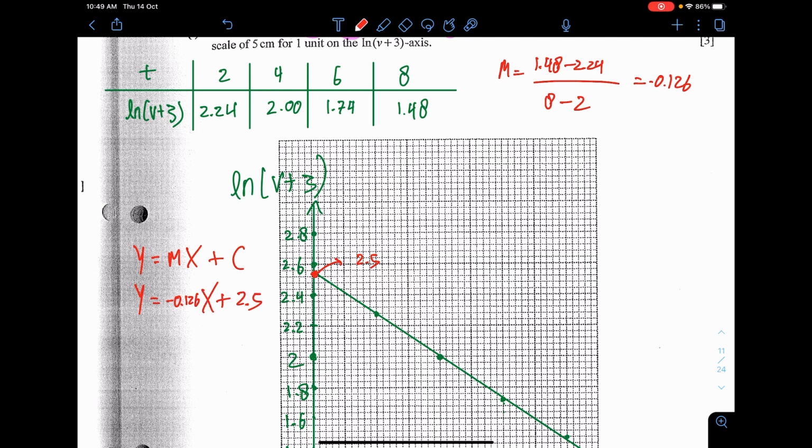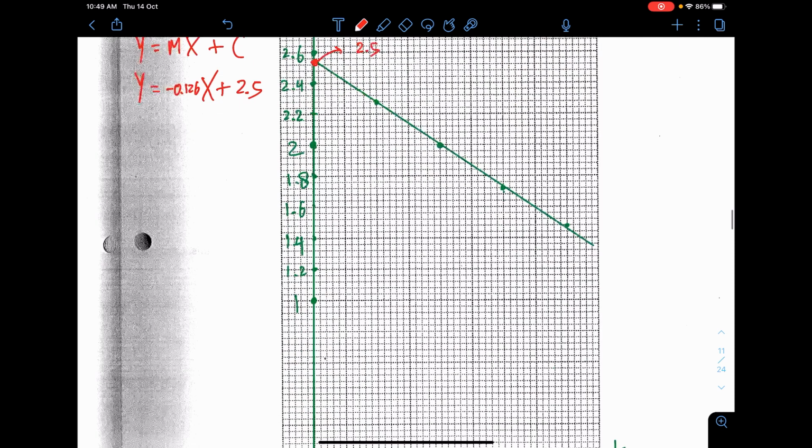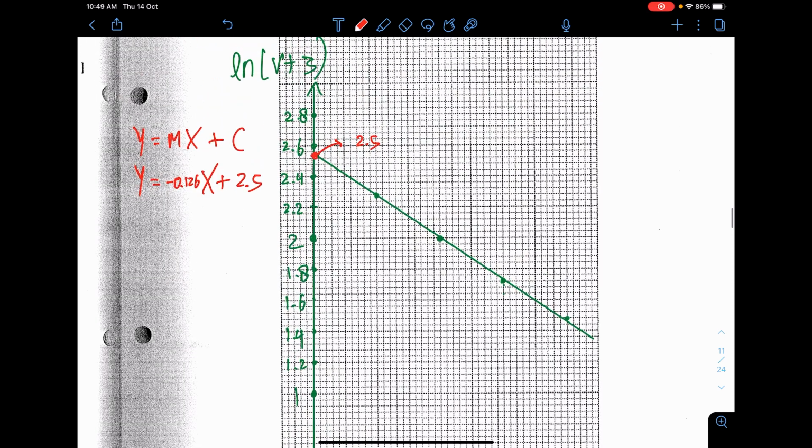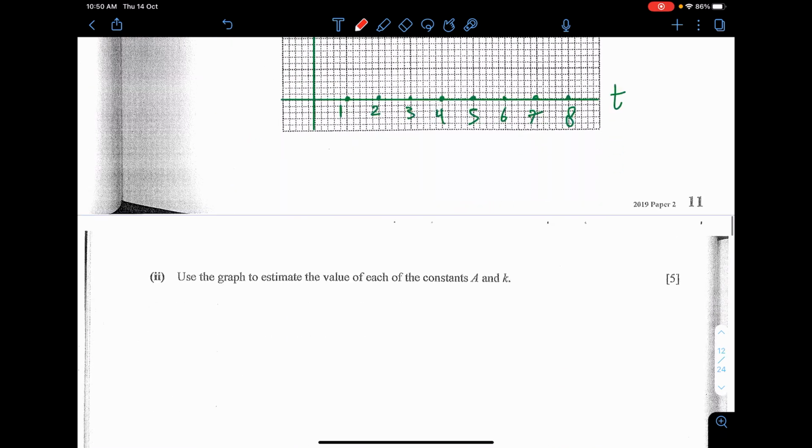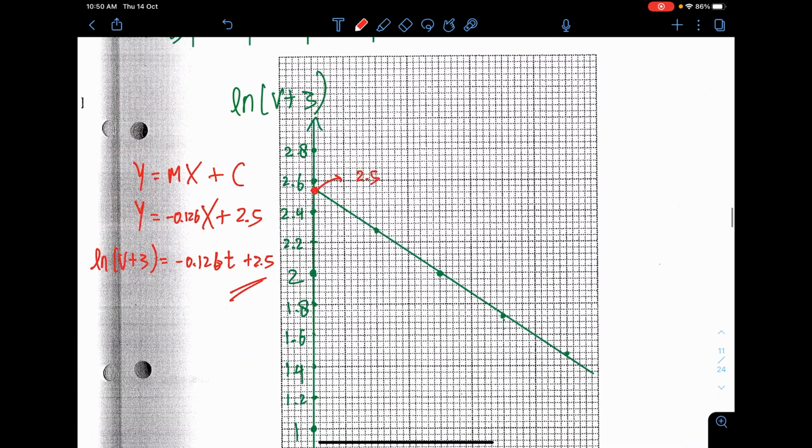Once you have everything, you need to put it down into the correct scaling: ln of v plus 3 for my vertical, and then the x is actually t plus 2.5. That should be the answer, actually the process, for part 2.